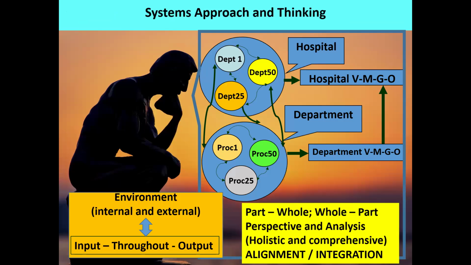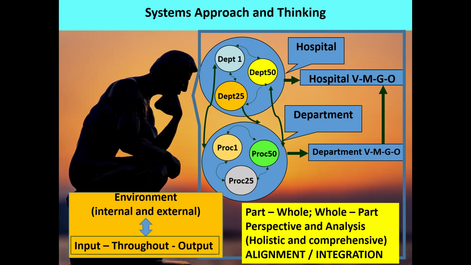I would like to suggest that you try to remember these slides that illustrate the hospital and departments as systems with interrelated parts, with the hospital being the super system, with the various departments as the subsystems, and the interfacing departments as co-systems.